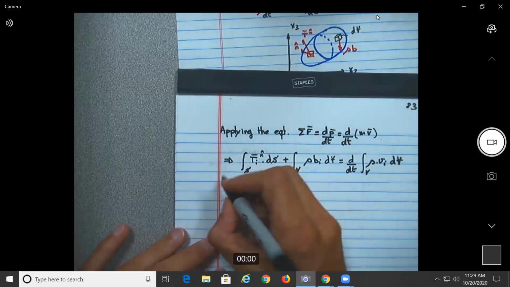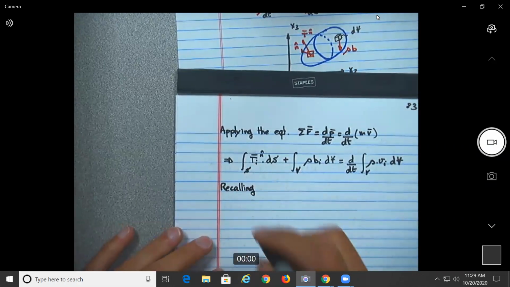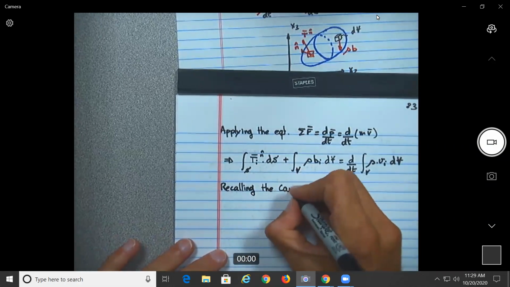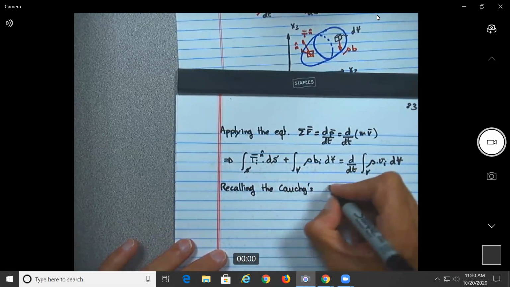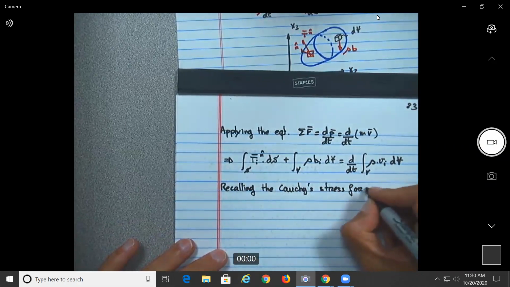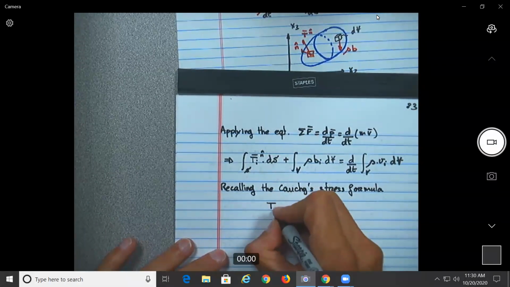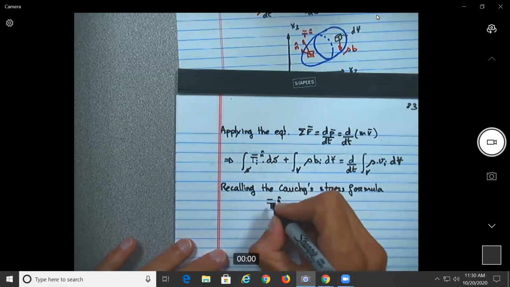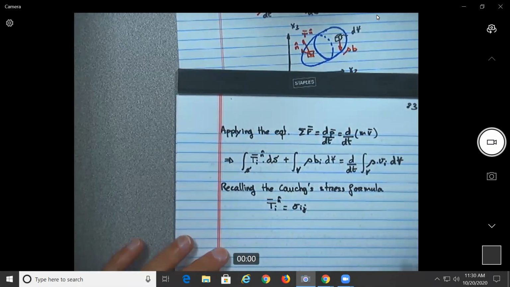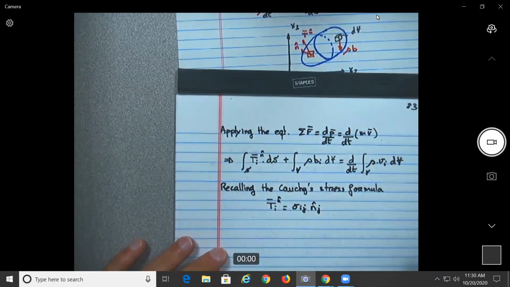So let's say here, recalling the Cauchy stress formula, which basically is what? T_i of n vector is equal to the second order stress tensor sigma_ij times whatever direction you have, n_j.